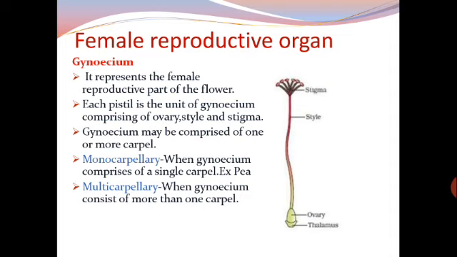If the gynoecium is made up of a single carpel, it is called monocarpellary. Mono refers to single. And if the gynoecium consists of more than one carpel, it is called multicarpellary.